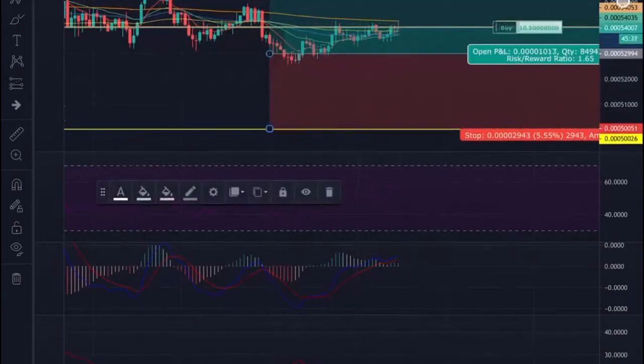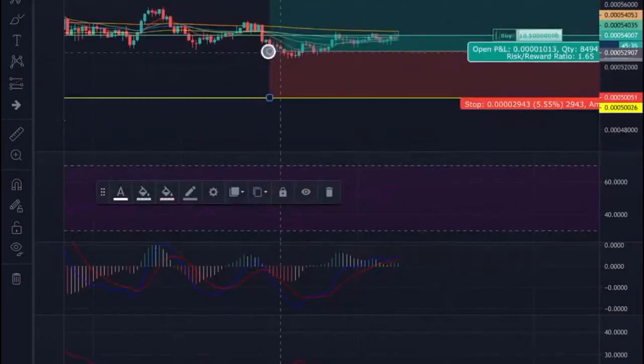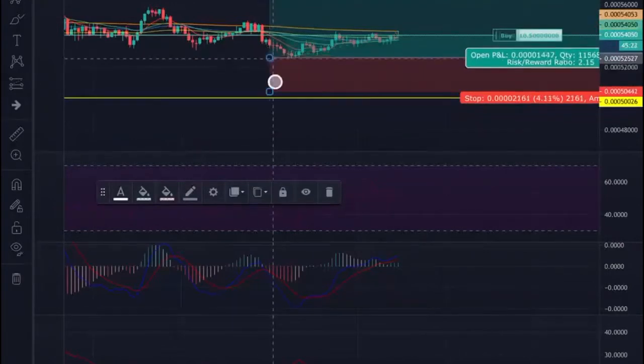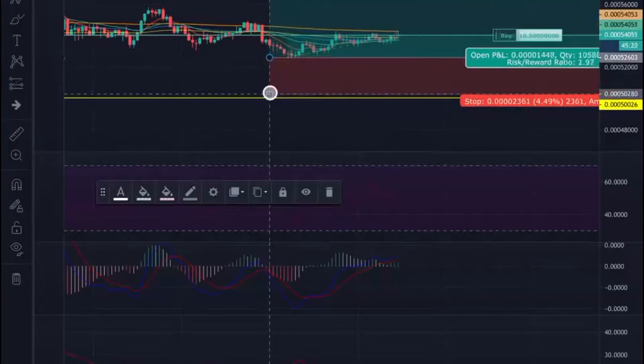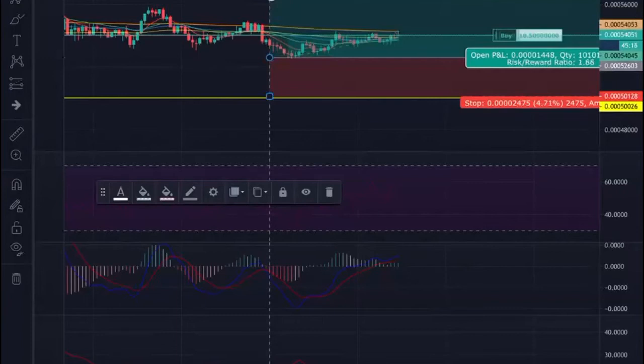Because now we can see that if we plot our entry lower than taking it at the current market price, we have a better opportunity to make profits, right? So we adjust this. And if we could come and get an entry here, well, then it makes our risk to reward ratio look a lot better.